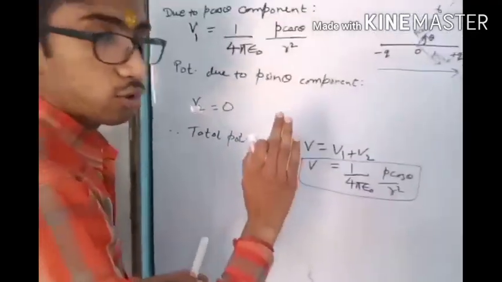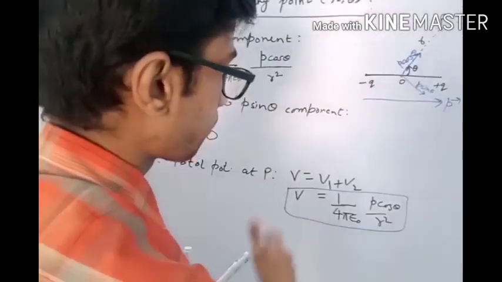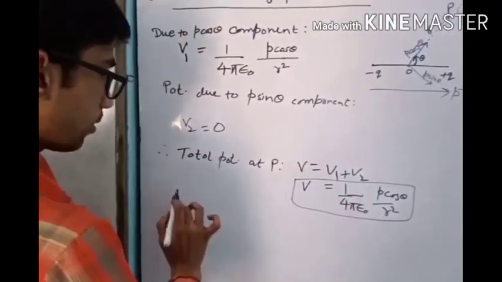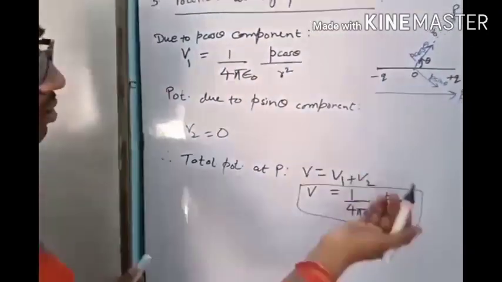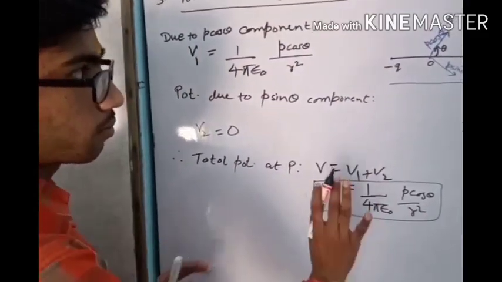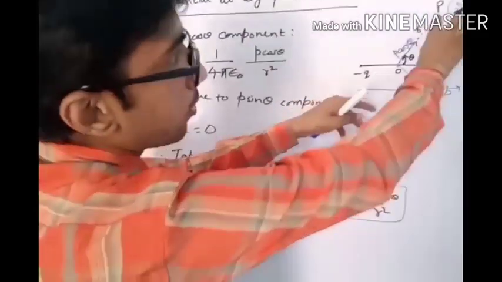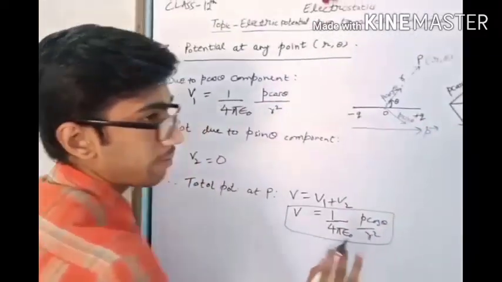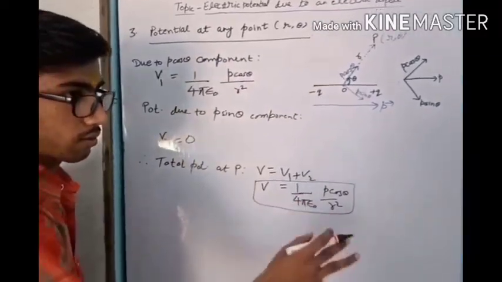You can verify this. Suppose theta is 0, means this point will fall here, in the axial direction.